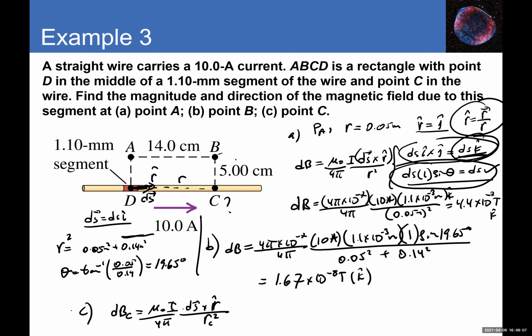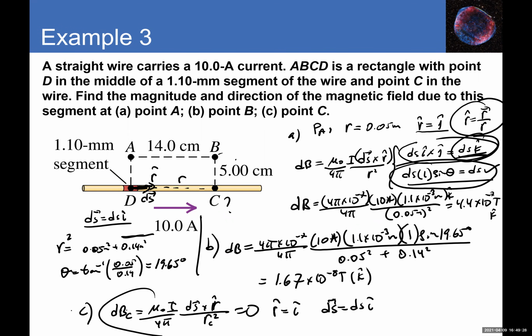My r hat is i hat, my ds is also i hat, and when I do a cross product of two i hats, it will give me 0. That means this whole thing is 0.